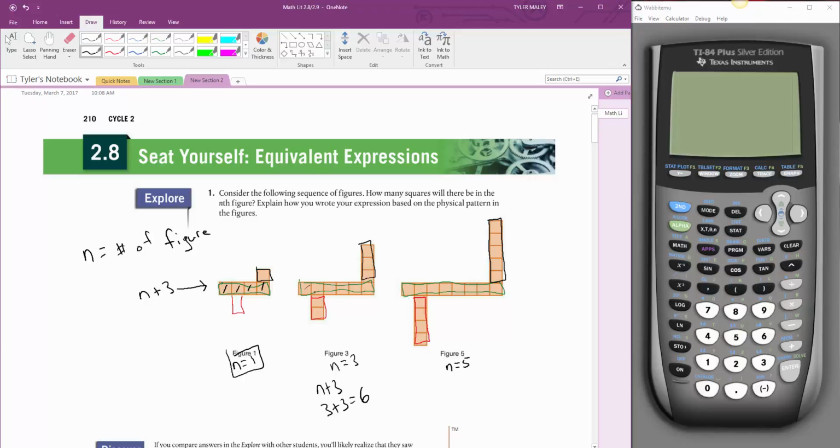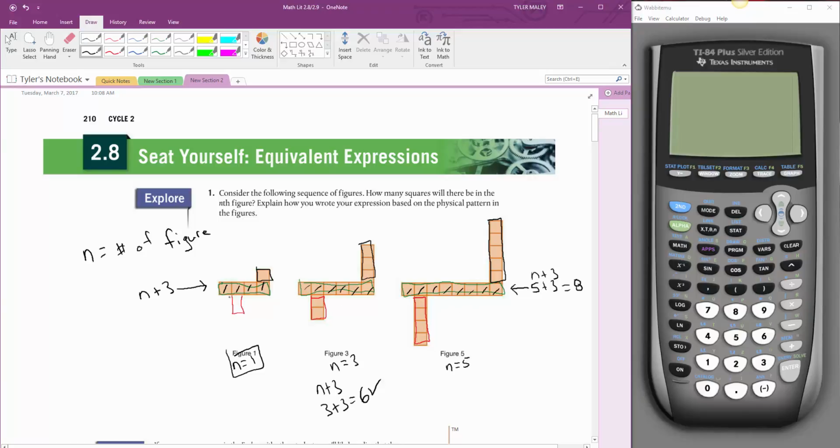I have 1, 2, 3, 4, 5, 6. So that seems to check out here. Now we can check the next one. If n is 5, then I would guess that there should be 8 boxes here, 5 plus 3. So n plus 3, which is 8. I can count 1, 2, 3, 4, 5, 6, 7, 8. So that seems to hold true.